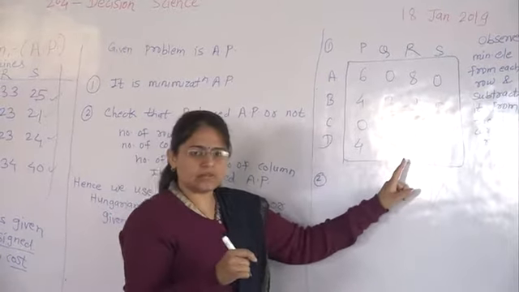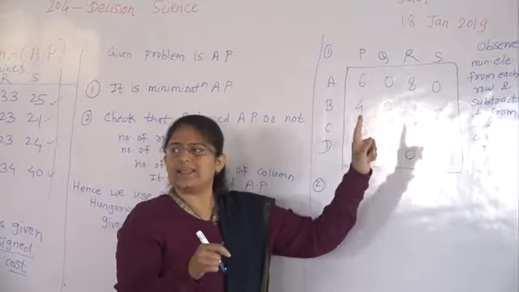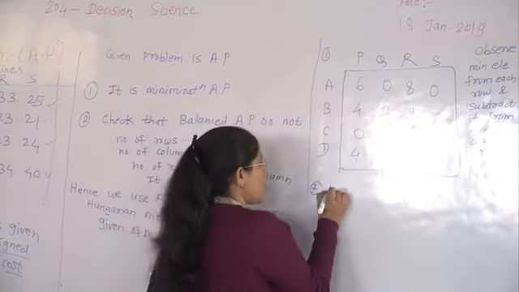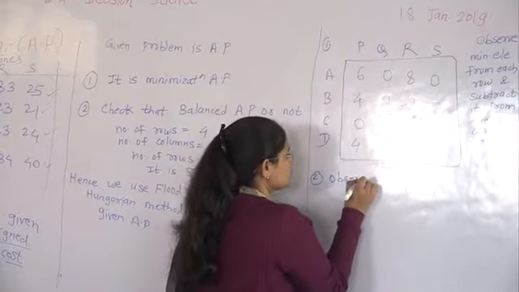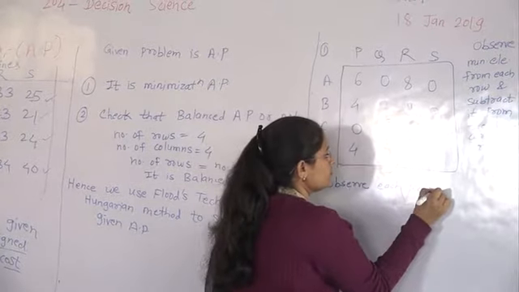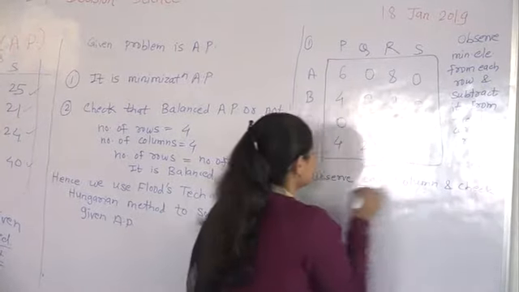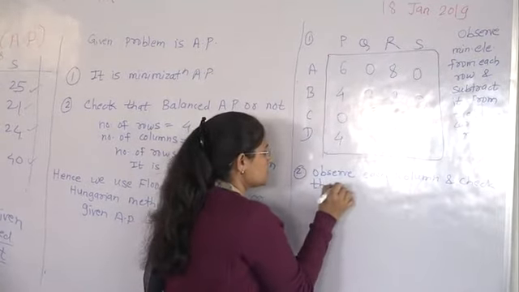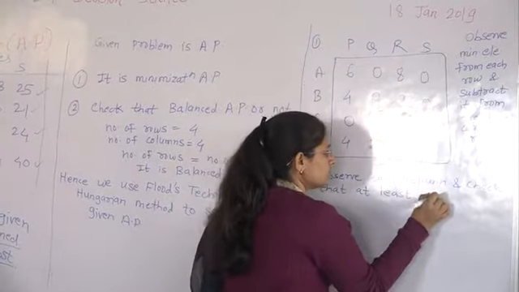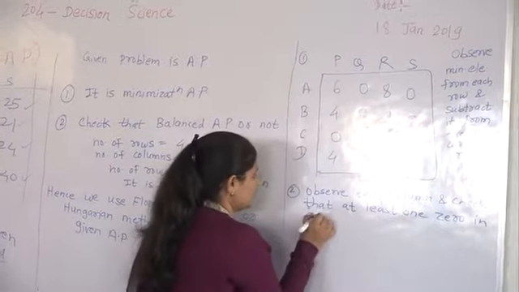Observe each column and check that there is at least one 0 in each column.